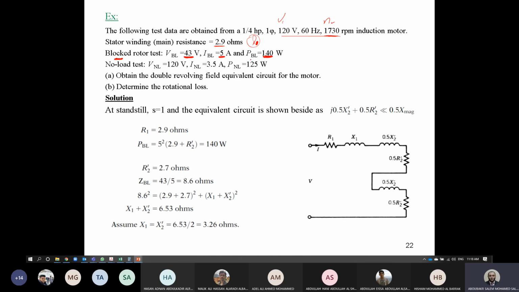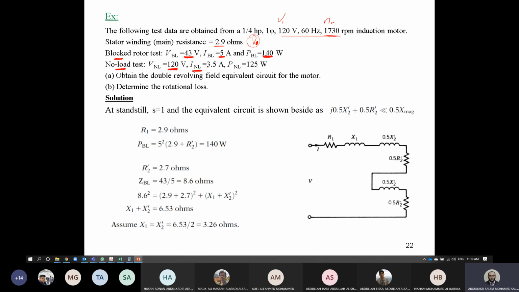So like the transformer, we have three readings: voltmeter, ammeter, and wattmeter readings. We should use these readings in order to obtain the motor parameters, not only using the blocked rotor test, but also the no load test. No load test means we will supply the motor while there is no mechanical load. In this test, guys, the rated voltage will be applied, and we will measure the current at no load.